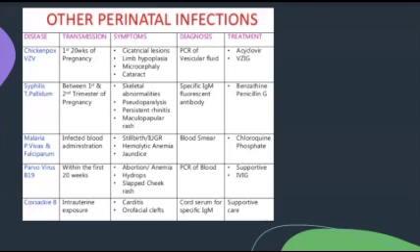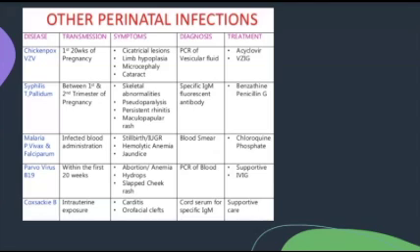Another virus may be parvovirus B19. Transmission usually happens within the first 20 weeks of pregnancy. Symptoms in the newborn can be hydrops, and also abortions and anemia. For diagnosis, it's PCR of blood, and treatment is supportive.